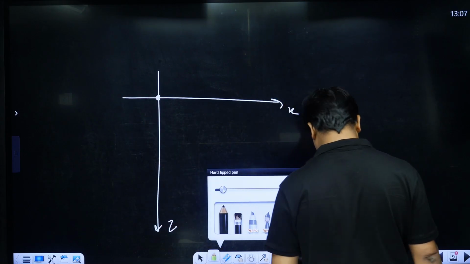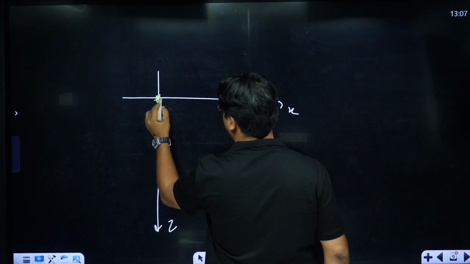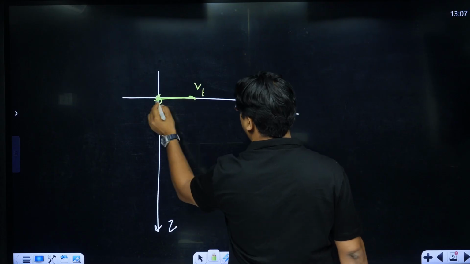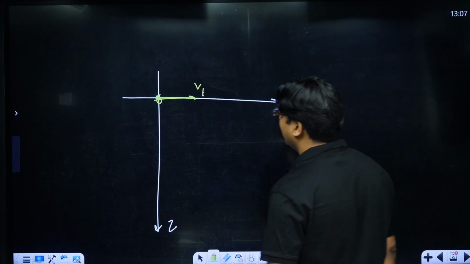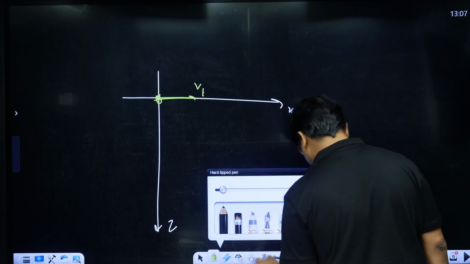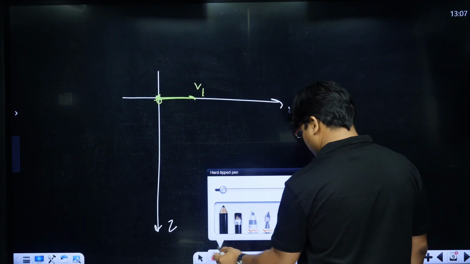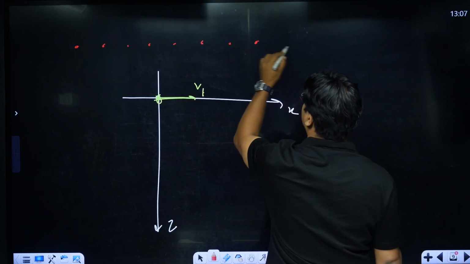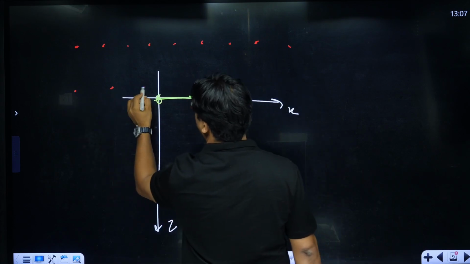And the particle was here. The particle had a velocity along x, which is v1, and a velocity along j, which is v2. And again, the magnetic field lines are entering into my eye, so I will draw dots. Okay, so these are the magnetic field lines.